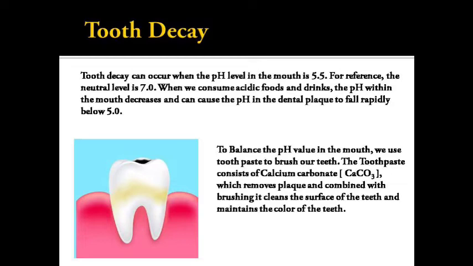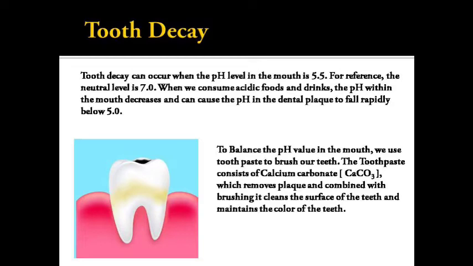Now you need to understand that there is a certain level of pH in our mouth. Now if, on consuming acidic foods or drinks, the level of pH in our mouth decreases, we need to again balance it. To balance the pH value in the mouth, we use toothpaste to brush our teeth.